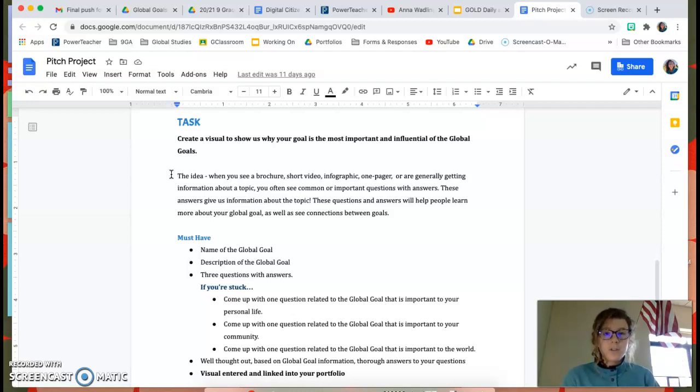So you're going to do that with your global goals. You're going to pick a global goal, it doesn't matter which one. And you're going to ask at least 3 questions about it. And then through asking those questions and providing the answers and providing the information about the global goal, that's your way of telling someone about the global goal or educating us about it.